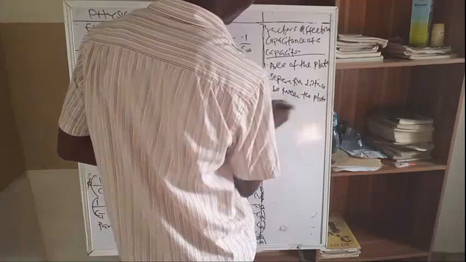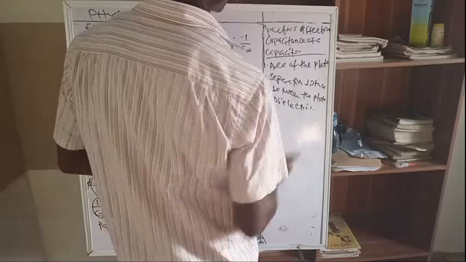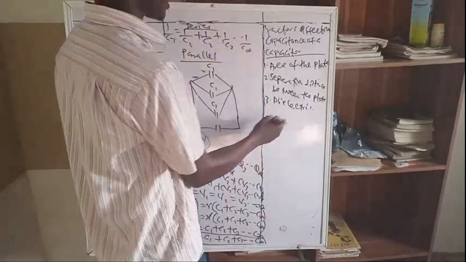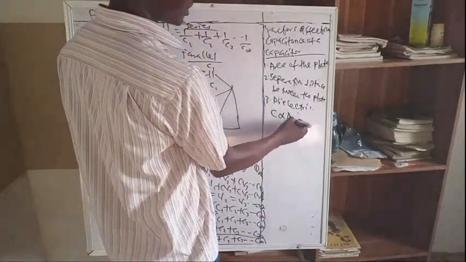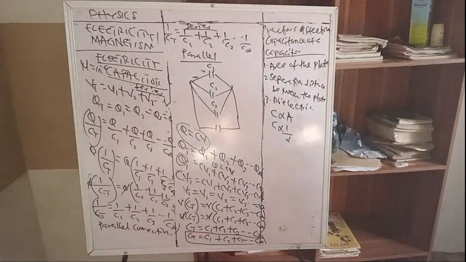And the last, number three, we have the dielectric. So for the first one, my capacitance is directly proportional to the area, then my capacitance is inversely proportional to the distance. So that is how to go about that.